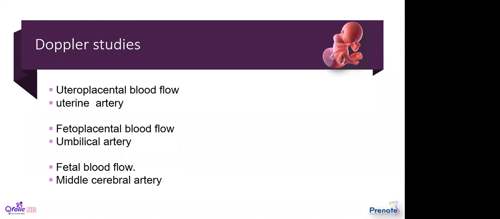For fetal-placental blood flow, we do the umbilical artery blood flow study, which is the very important primary surveillance tool for identification of IUGR, growth restricted babies, and hypoxemia and acidemia in the fetuses. Doppler studies are also done on the fetal vessels, and the most important fetal vessel is the middle cerebral artery. We will discuss Doppler in a little more detail in the next slides.